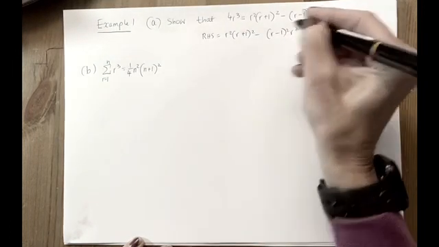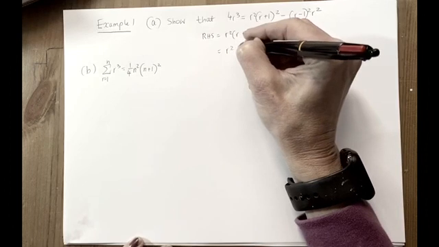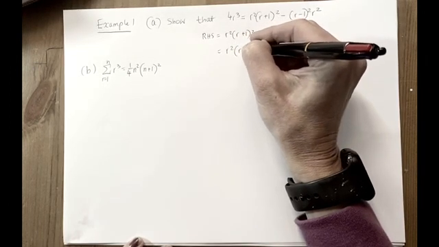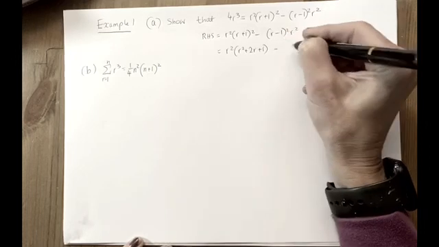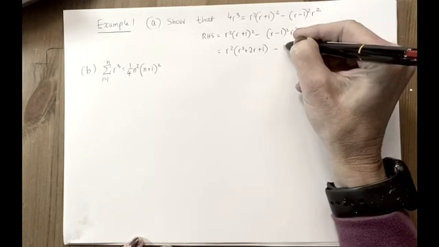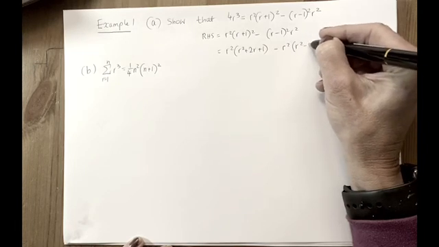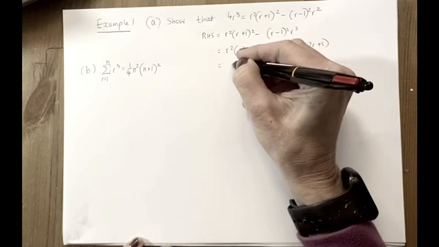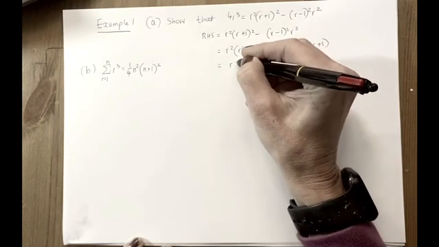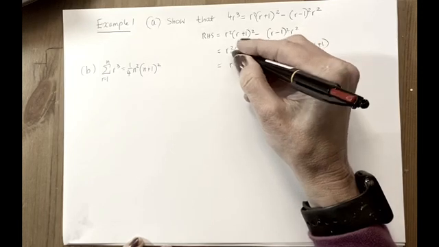Once we've rewritten, we just need to expand those brackets. So it's r squared times r squared plus 2r plus 1 in the first bracket, minus r squared times r squared minus 2r plus 1, the second bracket. You could factorize r squared and then tidy up whatever is in the brackets, but I'll expand it.